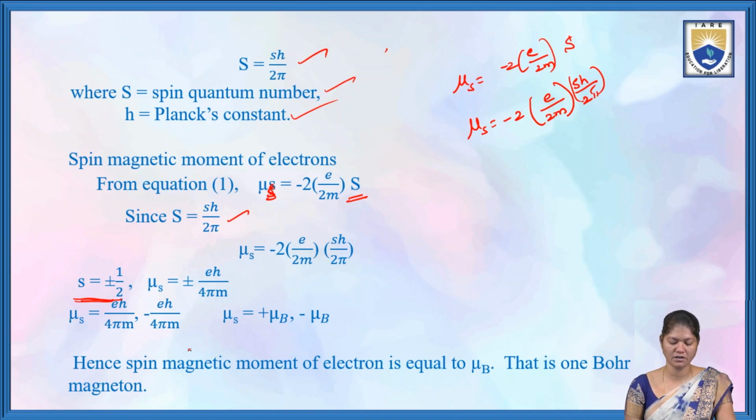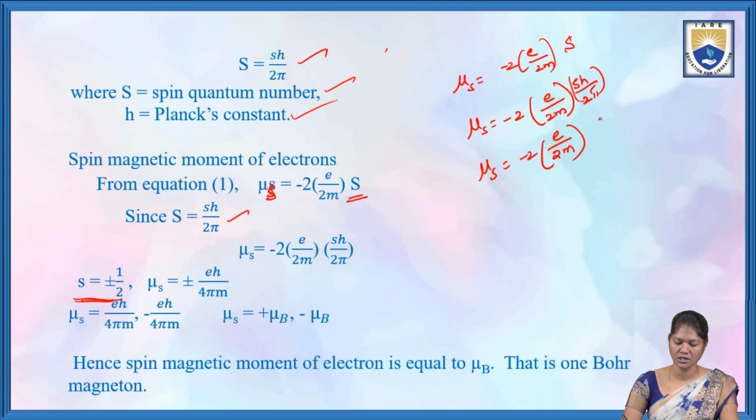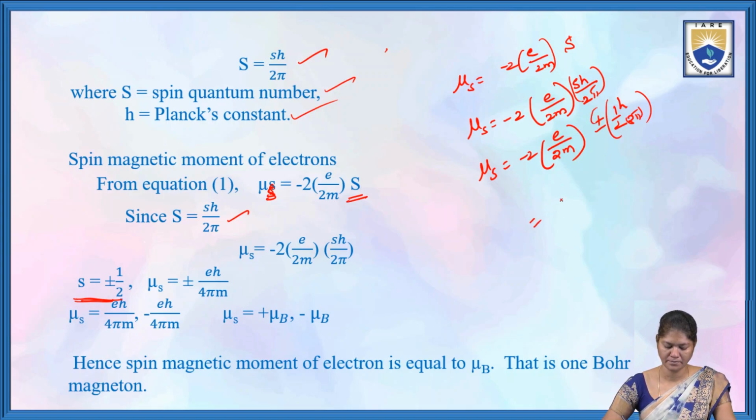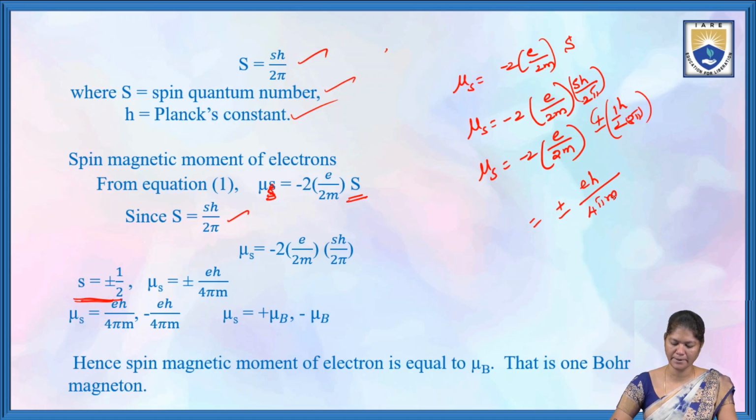So substituting, mu s is equal to minus 2 into e by 2m into plus or minus half into h by 2 pi, so we get plus or minus eh by 4 pi m.